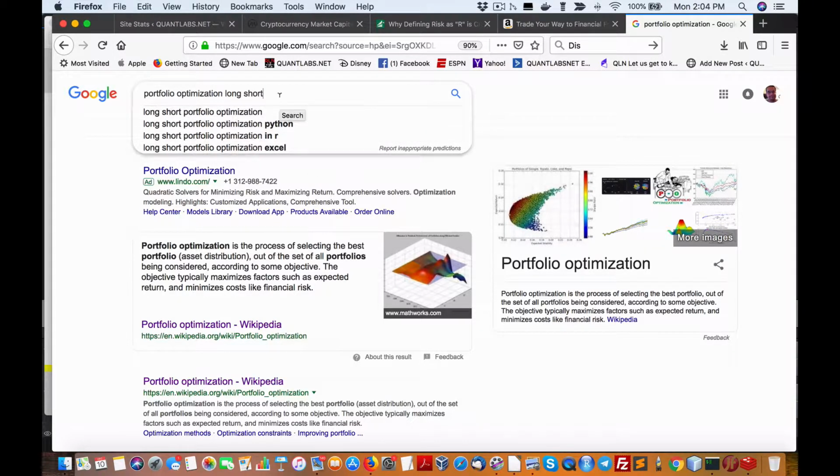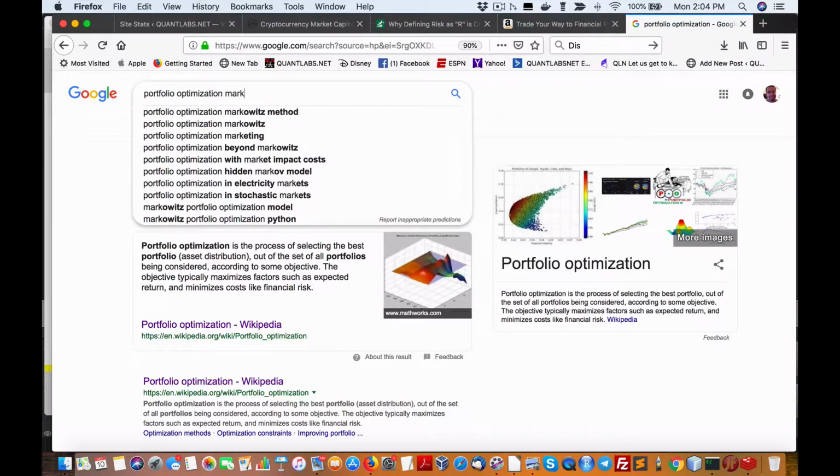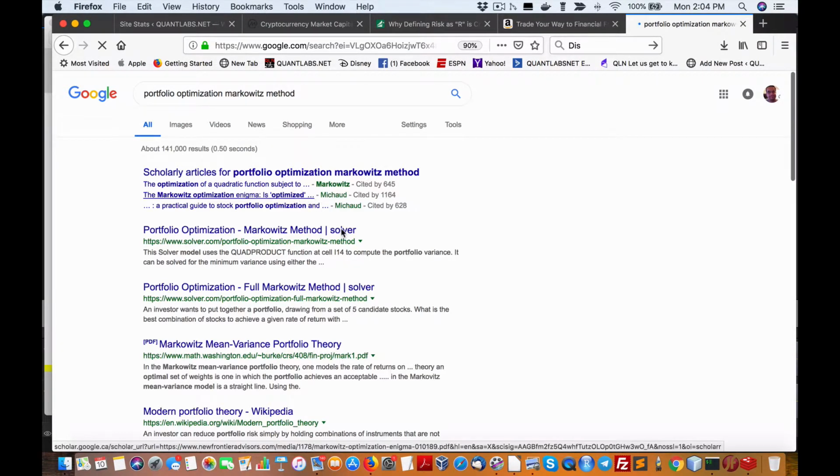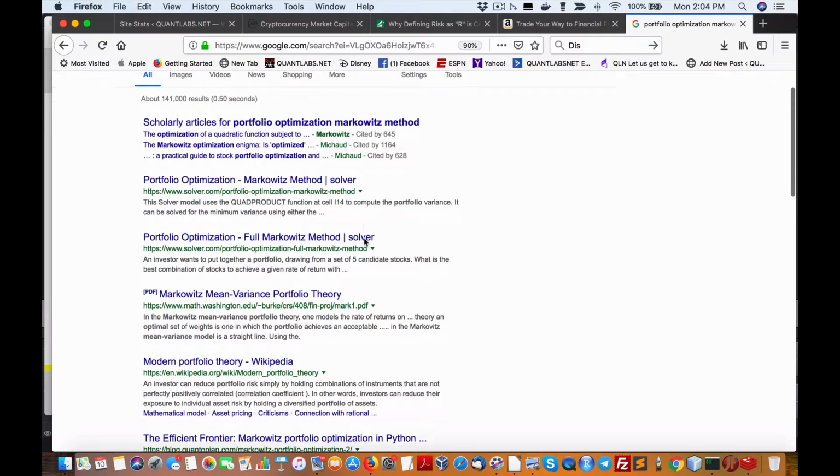So again, you can do long short. The other one, I believe, is Markowitz right here, another technique. So there's a combination of using long only, long short, and then there could be long only with Markovian or short with Markovian.